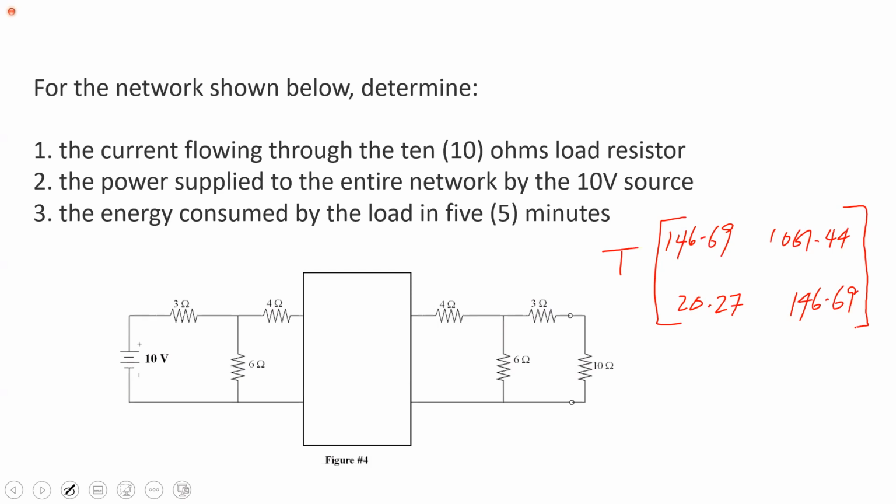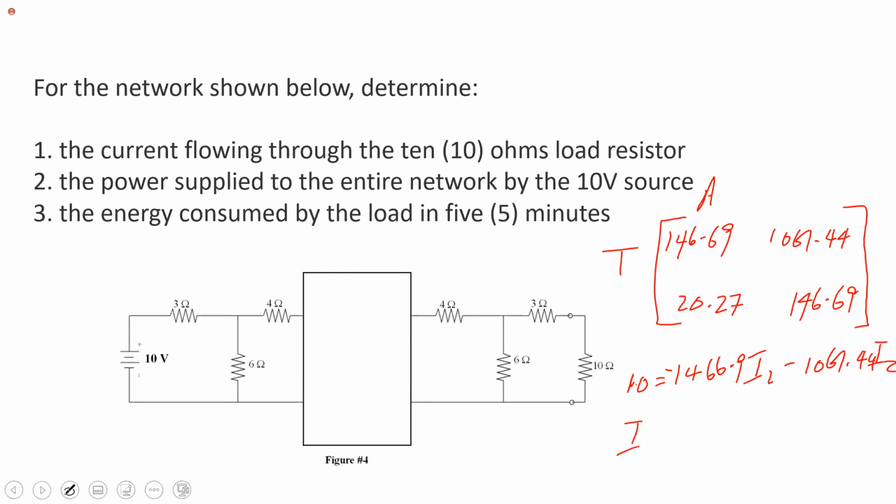So you just substitute this into the equation. V1 is 10. So I'm not going to write the equations before I substitute. So we have 10 is equal to A times V2. And V2, we know, is equal to minus 10 I2. So this would be 1466.9 I2 minus 1061.44 I2.